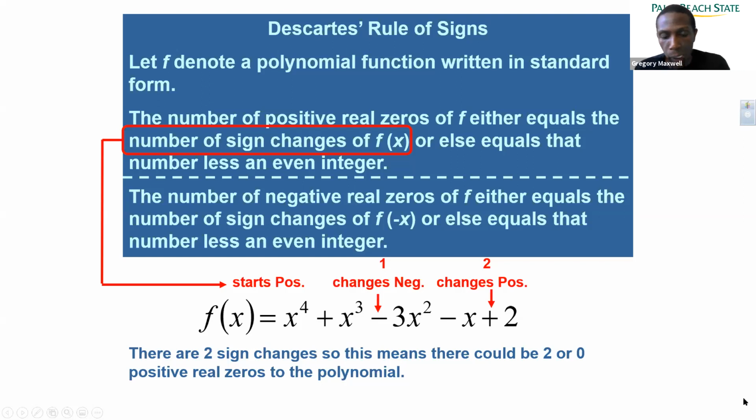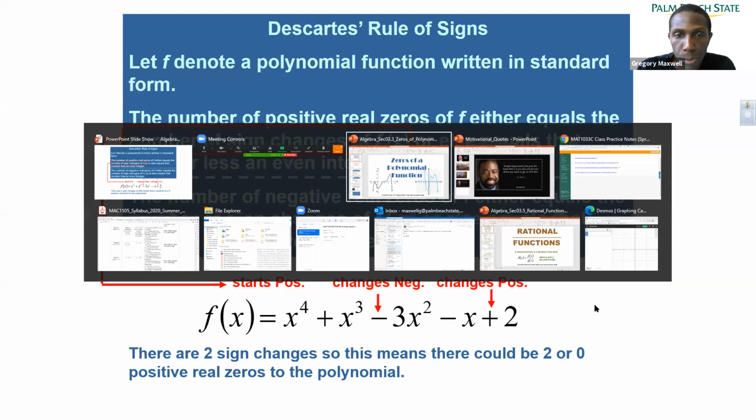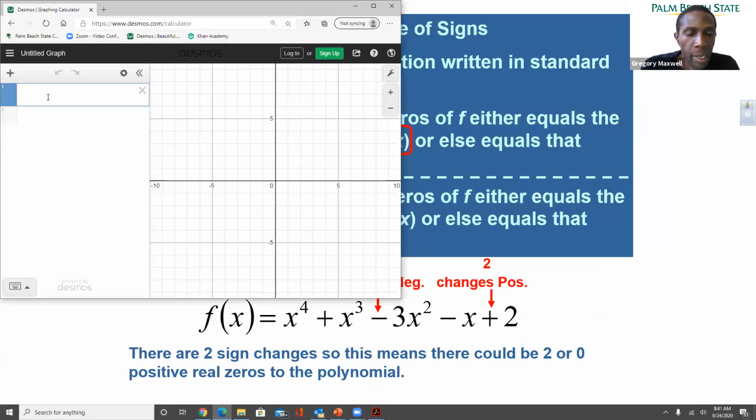All right. And what I'm going to do is switch over to Desmos. And I'm going to put this function in on Desmos so you can see what it looks like. x to the power 4 plus x cubed minus 3x squared minus x plus 2.